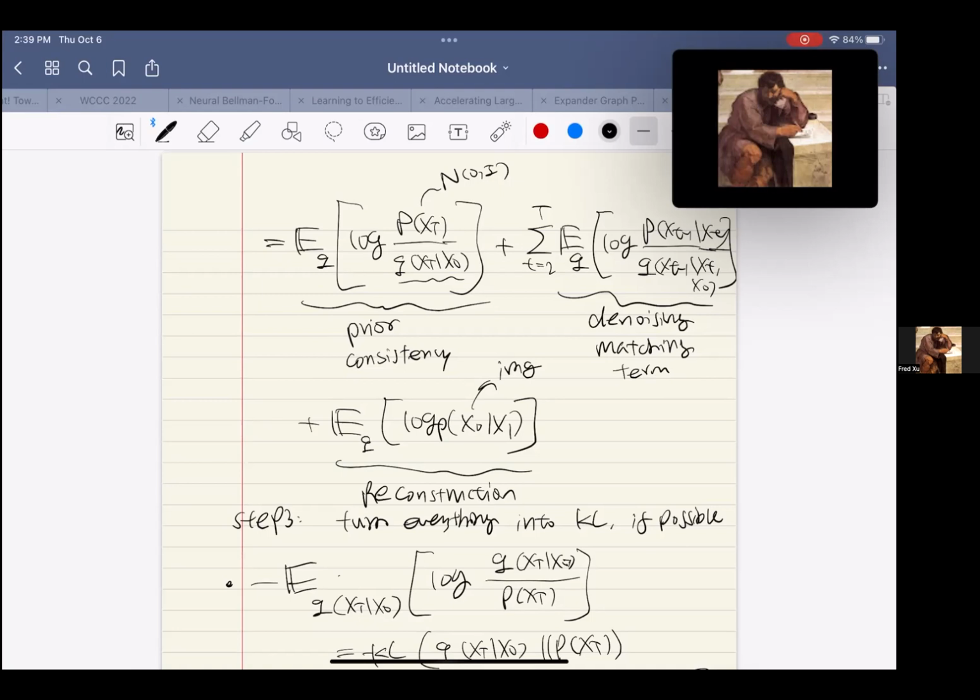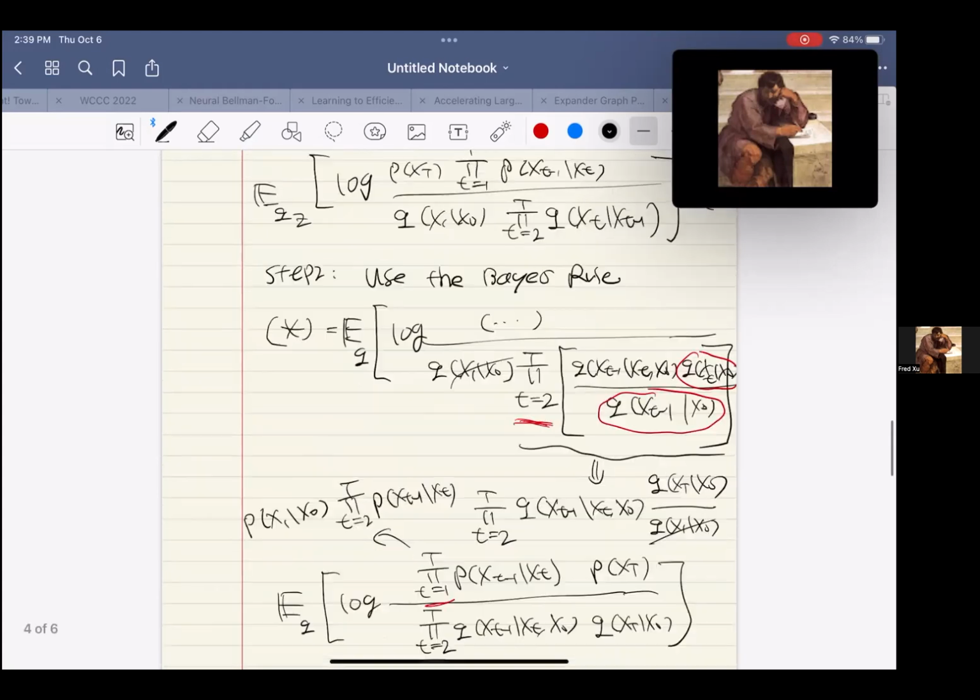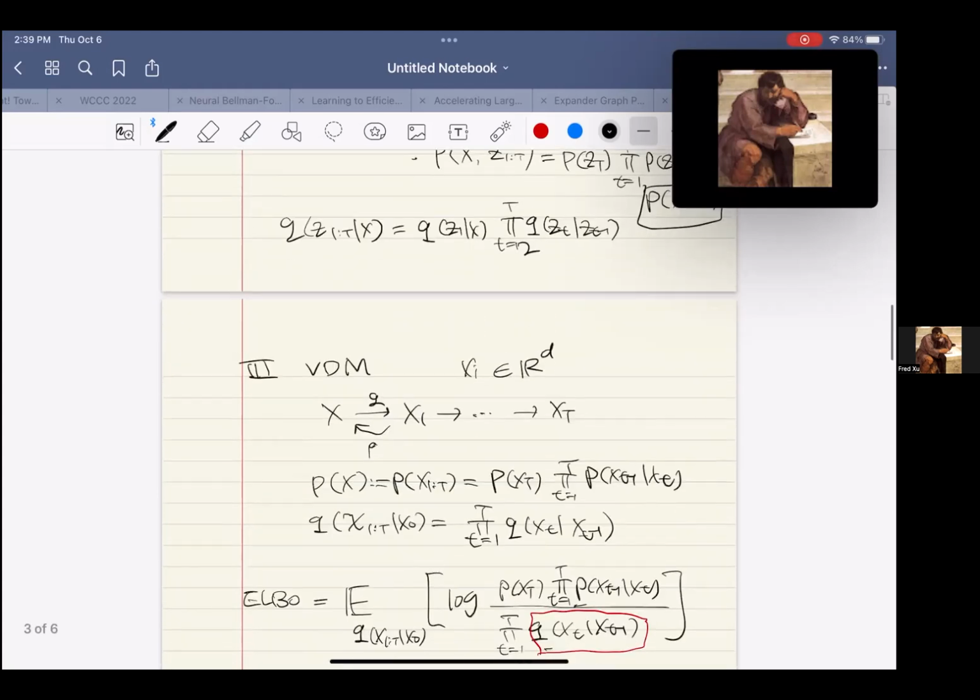But can you say the reverse process is a Markov chain? No, the reverse is not necessarily. The reverse is normally parameterized with a neural network, so it doesn't have the assumption of the Markov property. Sorry, reverse is actually P in this notation. Q is the forward.